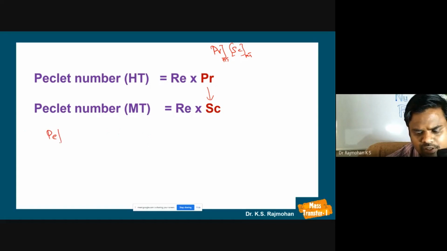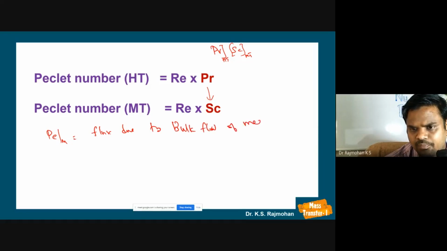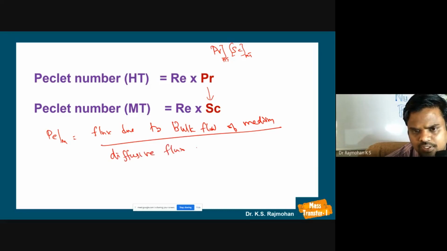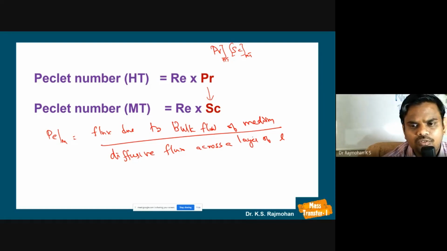Peclet number for mass transfer is the flux due to bulk flow of the medium to the diffusive flux across a layer of thickness L. This is the definition of Peclet number for mass transfer, which is equal to Reynolds number into Schmidt number.